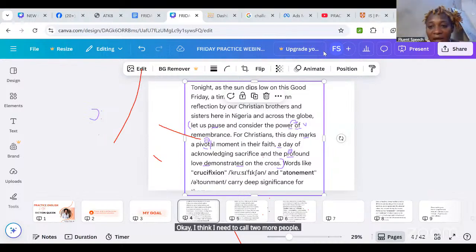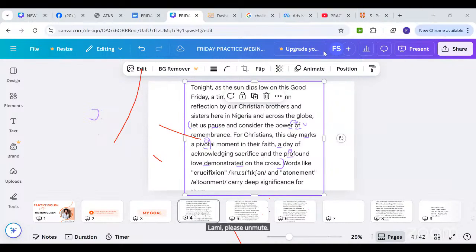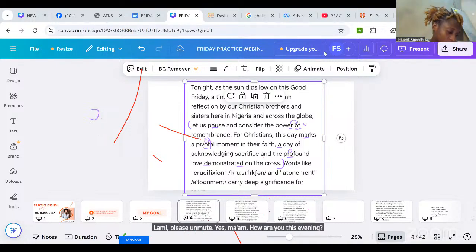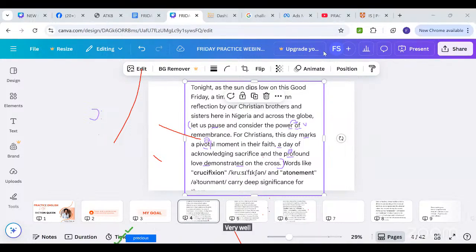Lami, please unmute. Good evening, ma. How are you this evening? Very well, thank you. Let us pause and consider the power of remembrance.